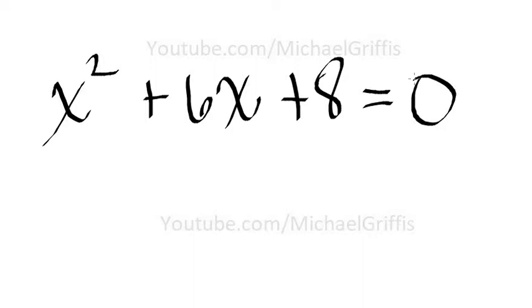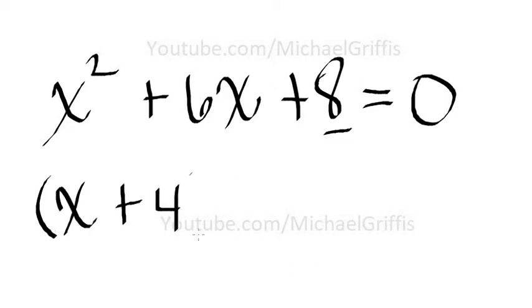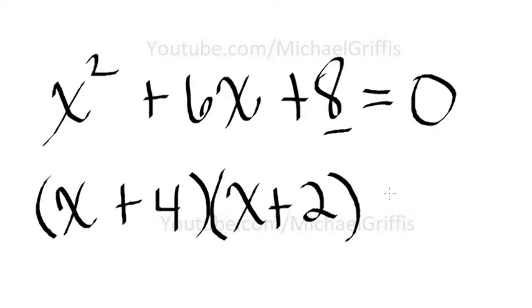What two numbers multiplied together give us 8, and when we add them, we get 6? What about 4 and 2? 4, 5, 6. So we have x plus 4 and x plus 2. Set it equal to 0.